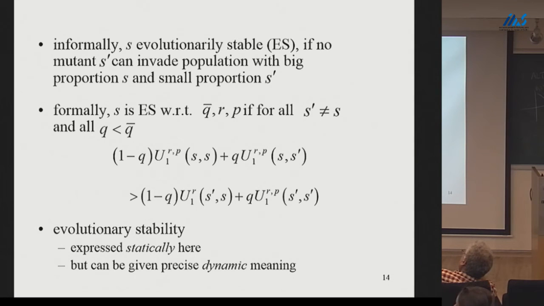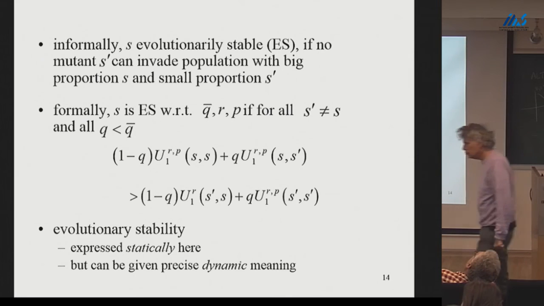Then I have a related question. If there are two actions that are identical in payoff, can there be an evolutionarily stable strategy? Is this a strict inequality? Okay, so you're right that this requires some restriction on the payoffs of the stage game, some genericity restriction.